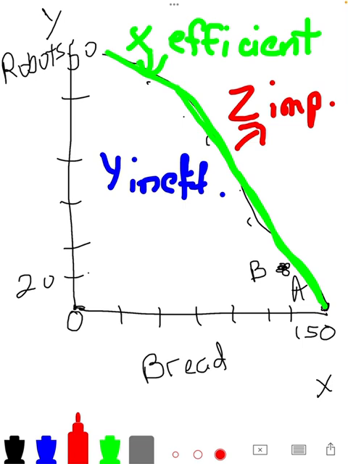I have labeled the graph line, the curve, as efficient. Anywhere on this line means I'm using all my resources. Anywhere inside the curve means it's inefficient. I'm not using all my resources. Maybe I don't have enough employees. Maybe I don't have enough equipment, whatever. And then point Z is impossible. It is beyond the realm of possibility. So that is how your PPC curve drawing is going to look.